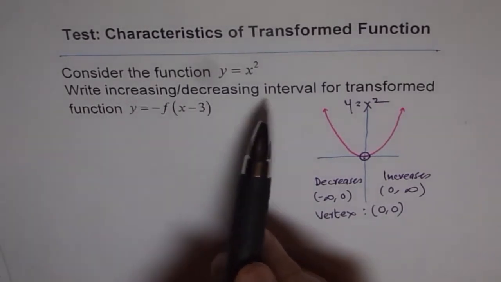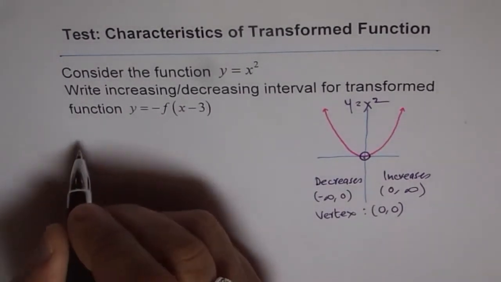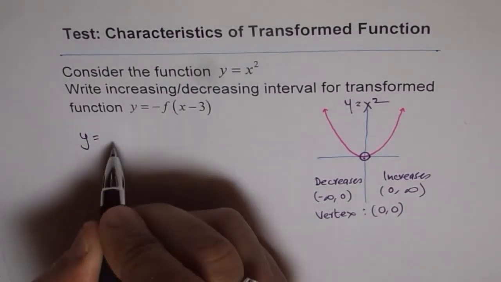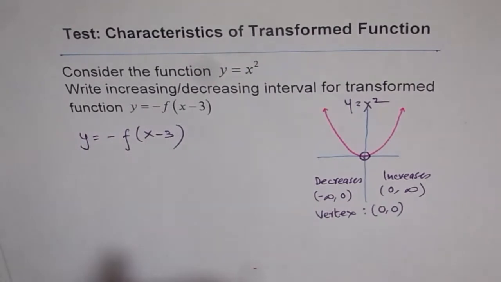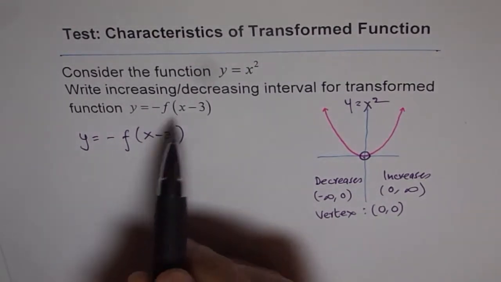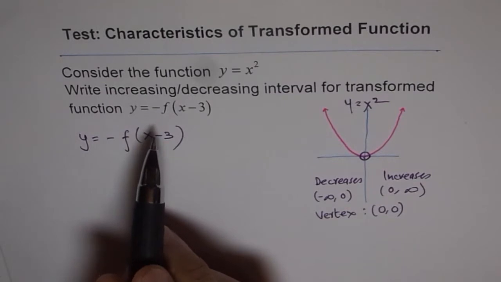Write the increasing and decreasing intervals for the transformed function y equals, let me rewrite it here, y equals minus f of x minus 3. Now there is no need to substitute this there and get into complications. We know and understand transformation. Now what does this function indicate?